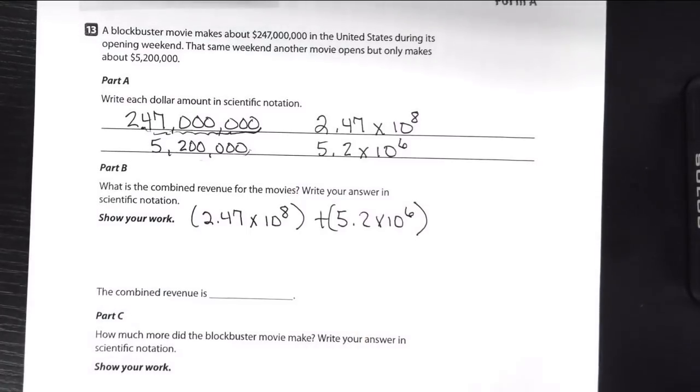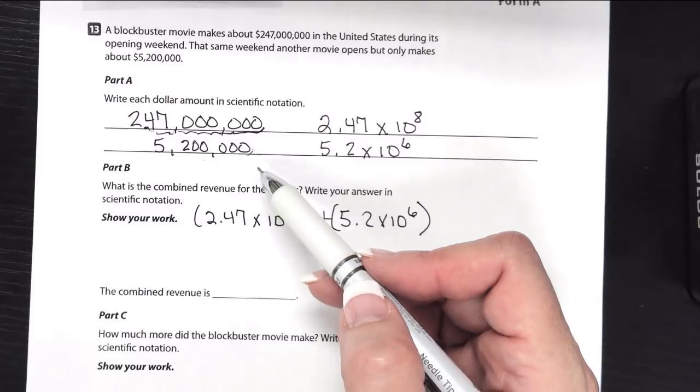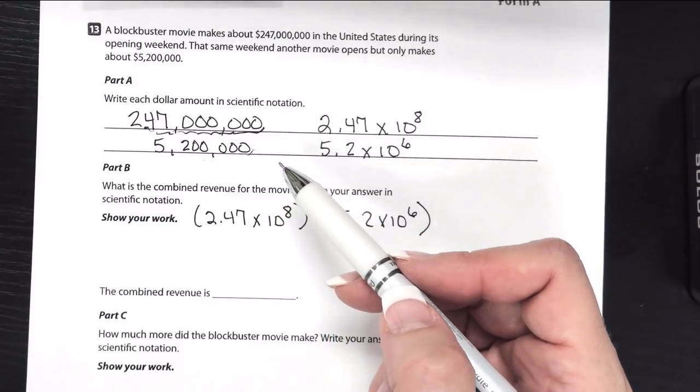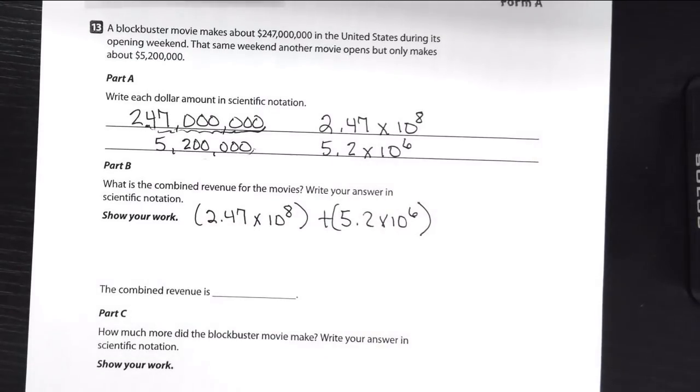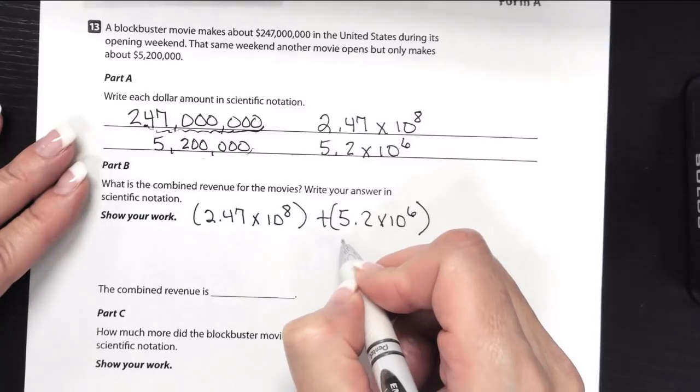Now, you've got some options. They've already given you the numbers stretched out. I would be tempted to add them, just keep everything lined up and then convert your answer. But it does say scientific notation, and that's what we are learning. So I'm going to show you that route. You should still get the same answer. So this 6 is going to come up to 8.